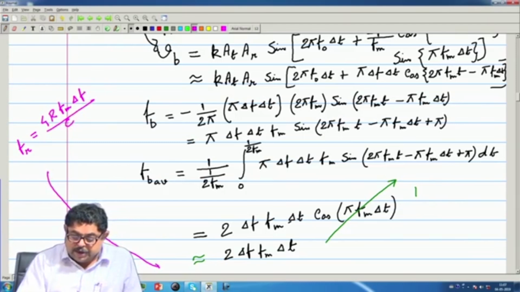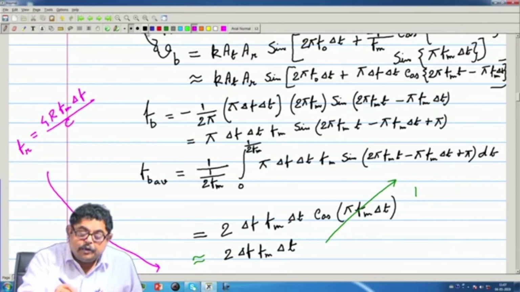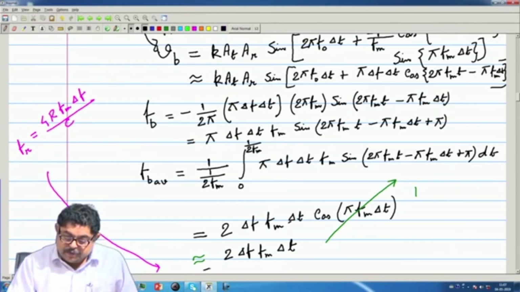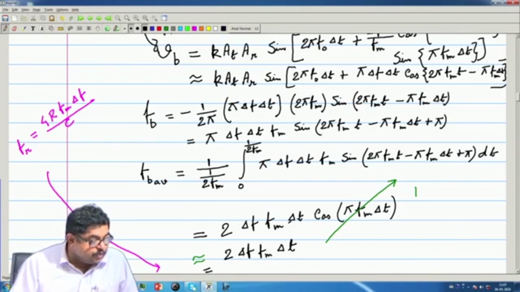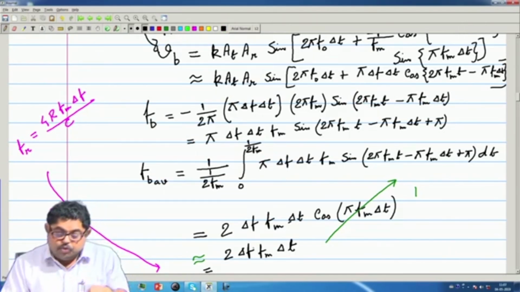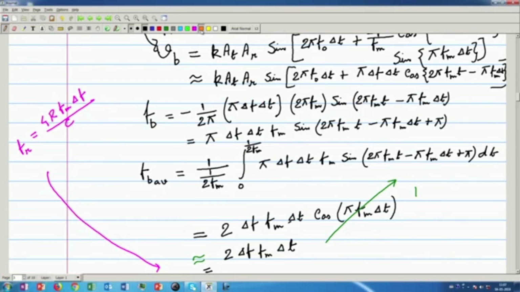So, if I put that here, and also we know the value of Δt, that is always 2R by c.